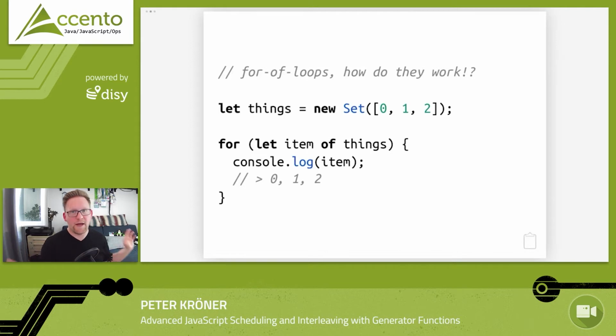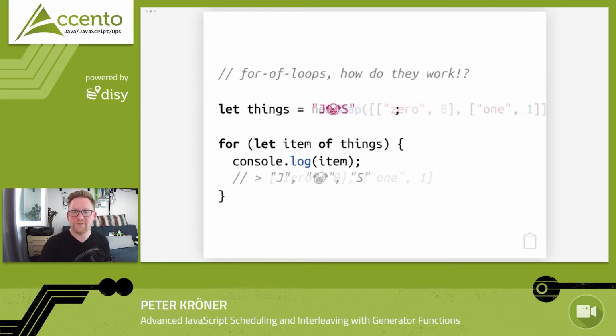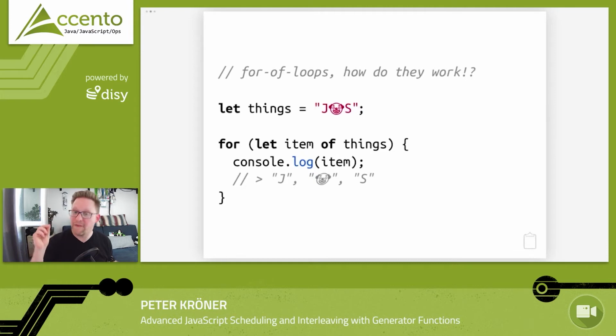It can handle arrays, it can handle sets, it can even handle maps. Maps are also sort of list-like if you ask JavaScript. And more than that, it can also operate on strings. And this is very interesting indeed, because you might say that a string is just a list of characters, but characters are not really a thing in Unicode. Unicode only has code points, and the combination of code points that follow each other then result in characters on the screen.